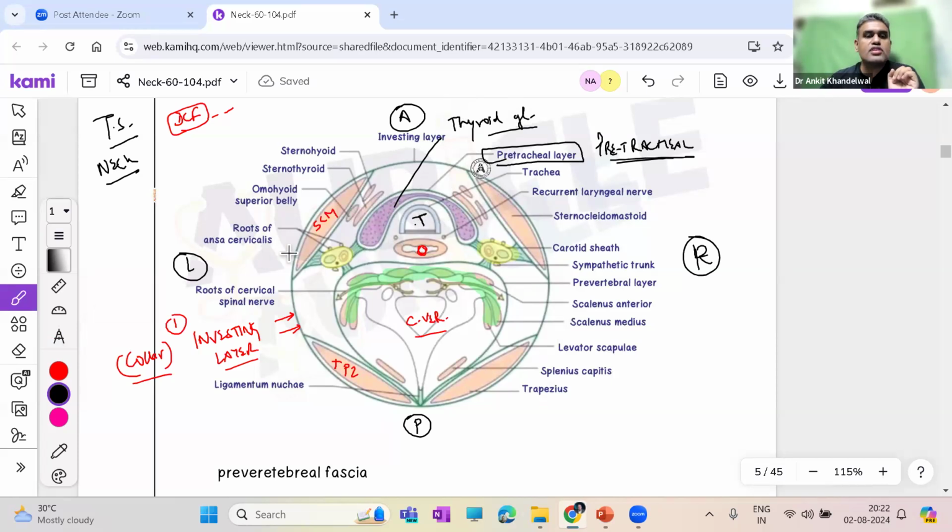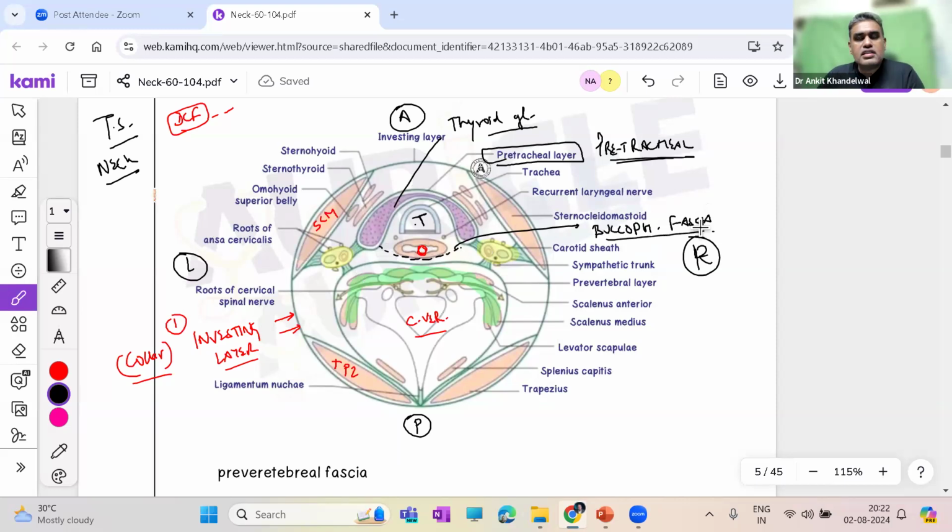Then actually what happens is it will go behind. Let me make some dots over here. Not some dots, but the interrupted lines over here, right? This is the continuation of the pretracheal layer, which is covering the esophagus from behind. So what is this, sir? This is our buccopharyngeal fascia. Got the point?